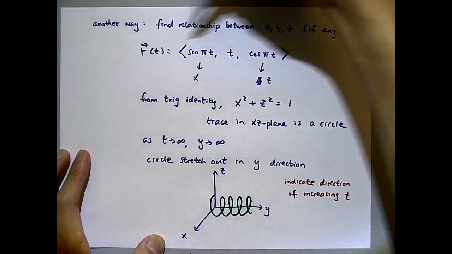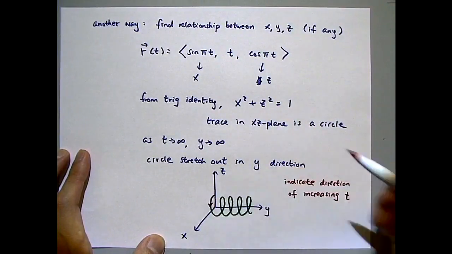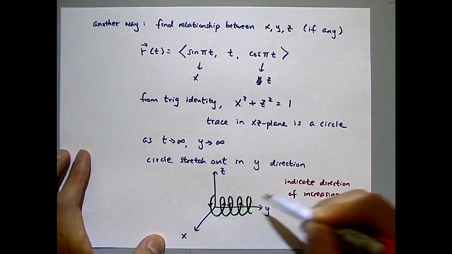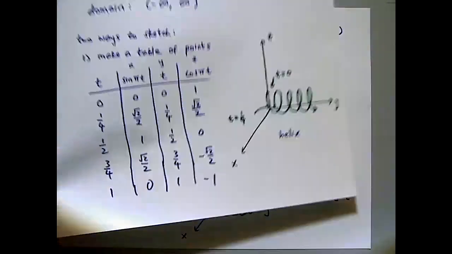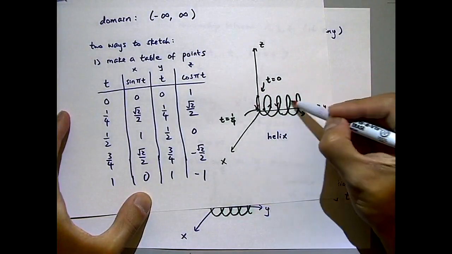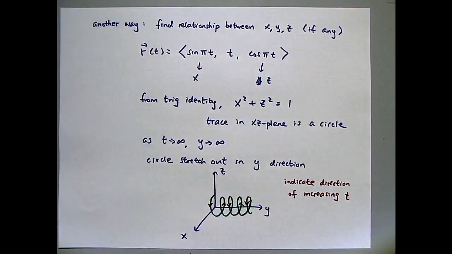Knowing the space curve, we know it goes to the right, to positive y. So very often, we will want to have some kind of indication of the direction of increasing t. So let's put it down here too. It's the same shape, of course. And now I have a very, very clear indication of what's going on, what this vector is doing.